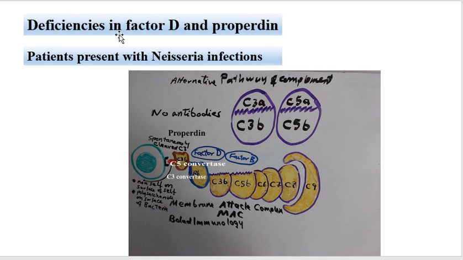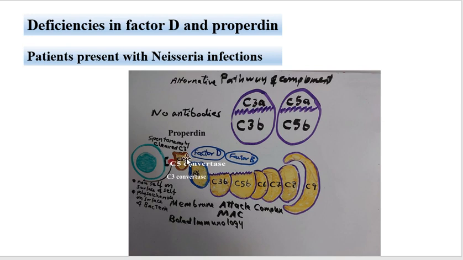So deficiencies in factor D and properdin will lead to recurrent Neisseria infection. Factor D is important for cleavage or activation of factor B, as it cleaves into Ba and Bb.